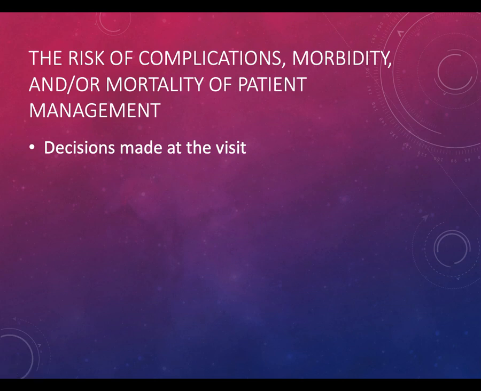Risk is determined by decisions made at the visit, associated with the patient's problems, the diagnostic procedures, and the recommended treatments. The treatments include the possible management options selected and those considered, but not selected, after shared medical decision-making with the patient and/or family.